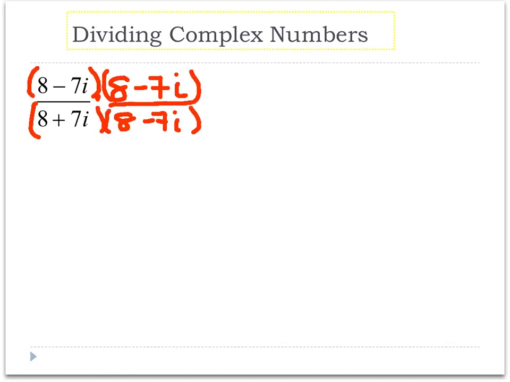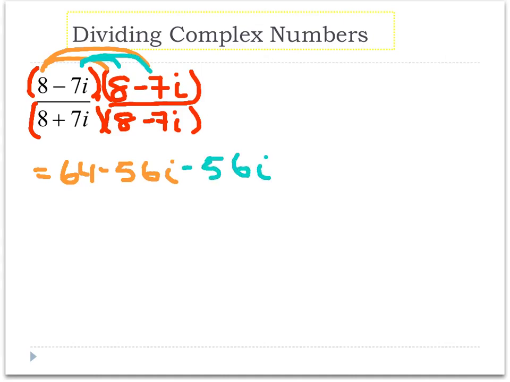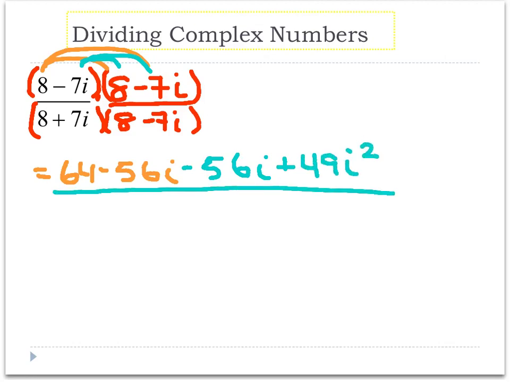Okay, so on the top, let's do the top first. 8 times 8 gives me 64. 8 times negative 7i is going to give me negative 56i. And then I have negative 7i times 8, which is negative 56i again. Negative 7i times negative 7i, which is a positive 49i squared. Don't forget that. All over.